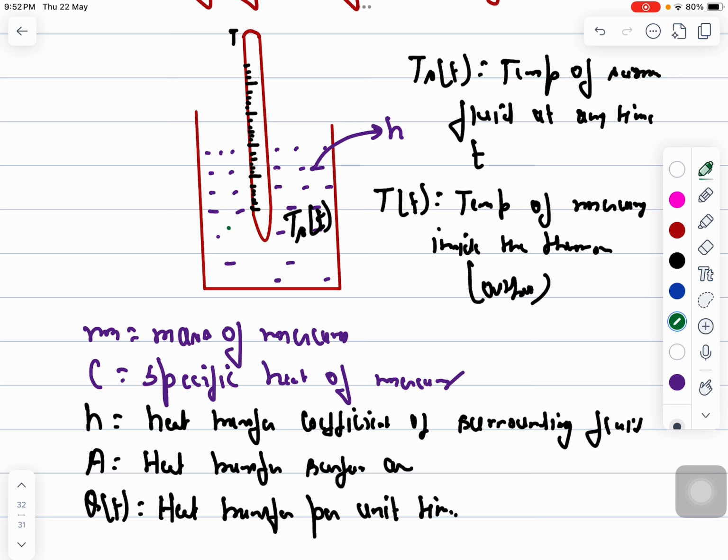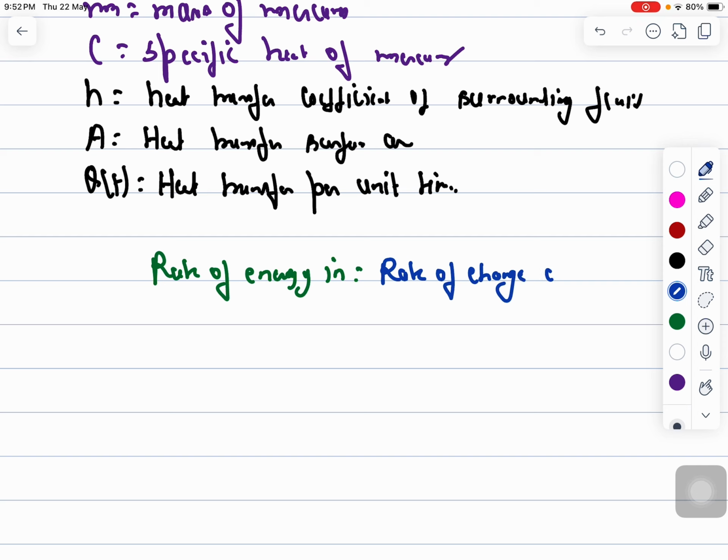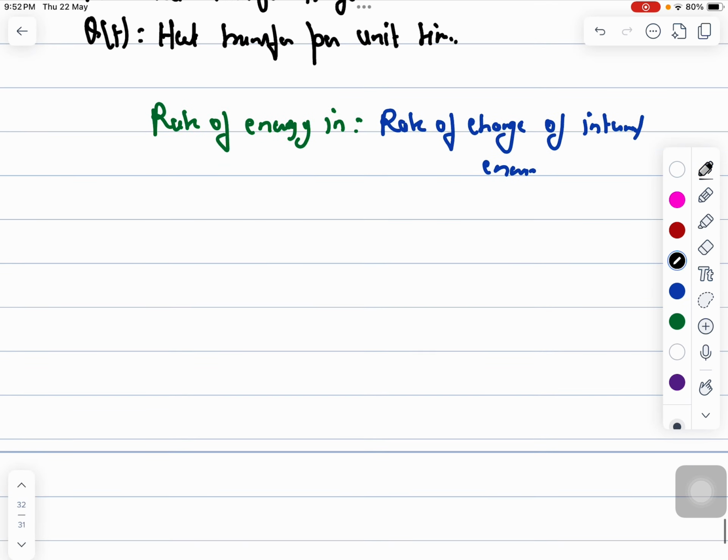So if the energy entering the thermometer from the surrounding fluid is Q(t), I can write the rate of energy in equals the rate of change of internal energy, which is mc dT/dt. So the rate of change of temperature gets multiplied with m into c.